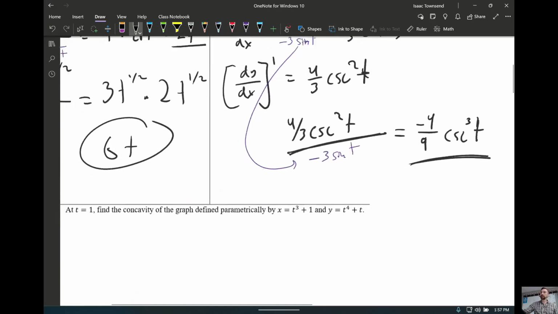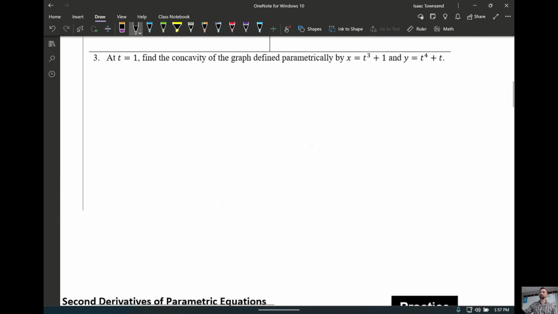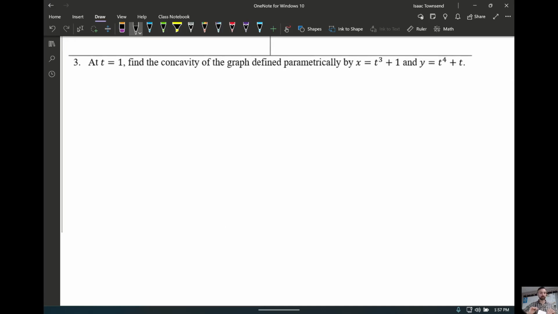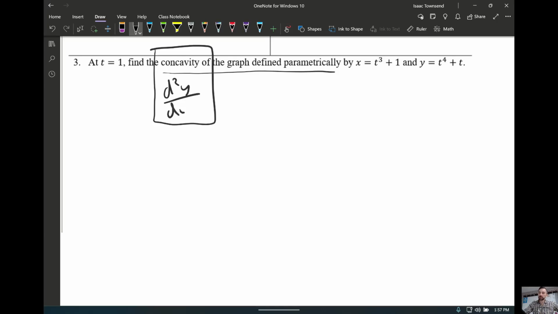Okay, and then one more I will do for you to kind of push you in the right way, and then we'll just do one or two quick checks, and then you guys can come back to this if you have time. Okay, so at t equals 1, find the concavity of the graph defined parametrically by x equals this and y equals that. So how, from AB, how did we figure out stuff about concavity? Second derivative. Okay. Second derivative, which is what this worksheet is about.